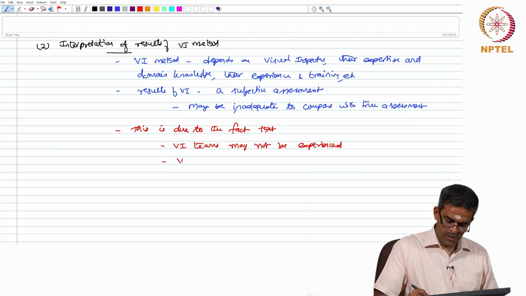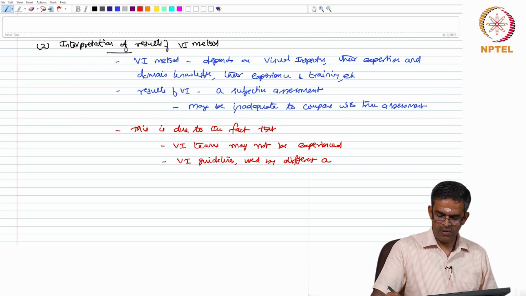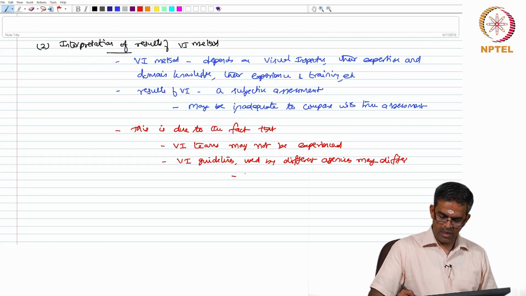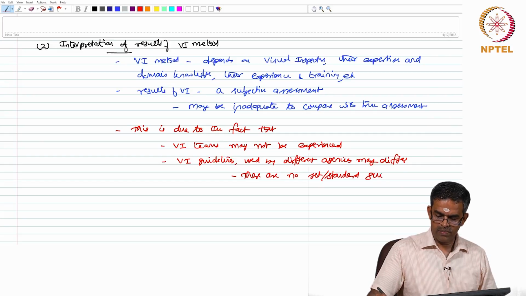Second could be visual inspection guidelines used by different agencies may differ. So, there are no set standard guidelines for visual inspection.